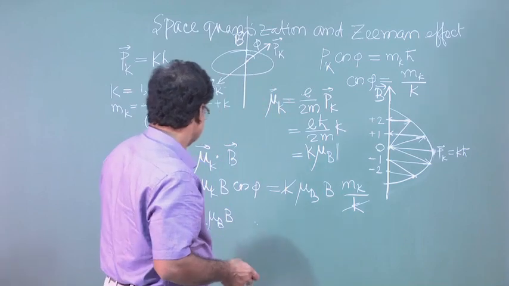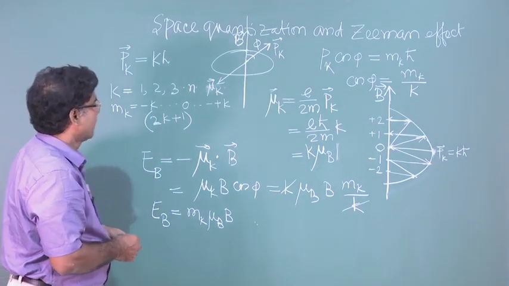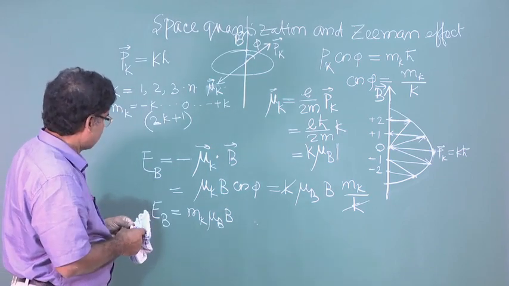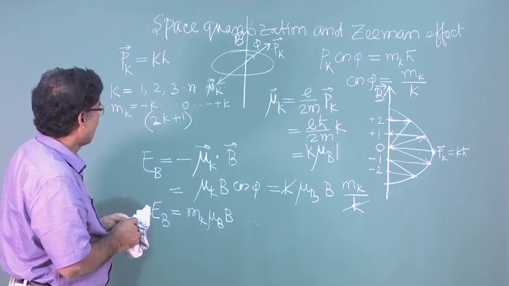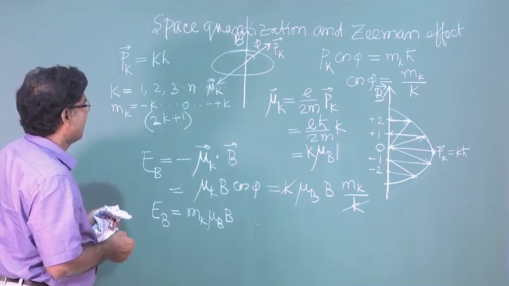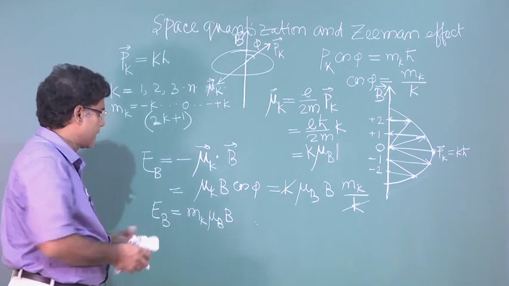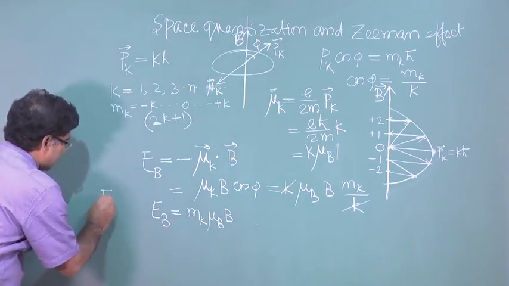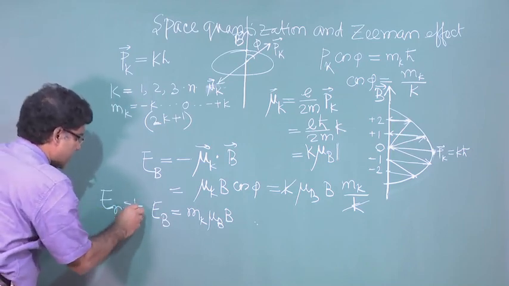Now, in the presence of a magnetic field, what will be the total energy of the energy level? This energy will be added. So the energy, which was E n k, plus mu v.